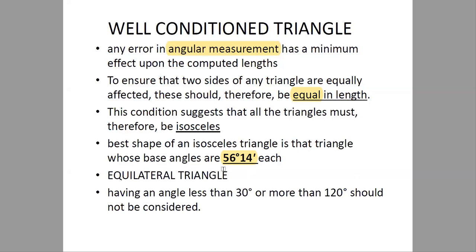You can easily calculate what would be the measurement of the third angle. Here you can subtract two times this angle from 180 degree and you will easily find the third angle, which would be around 70 degree, less than that.